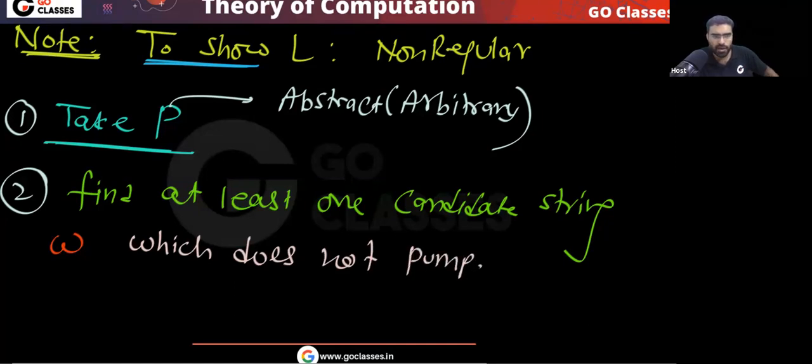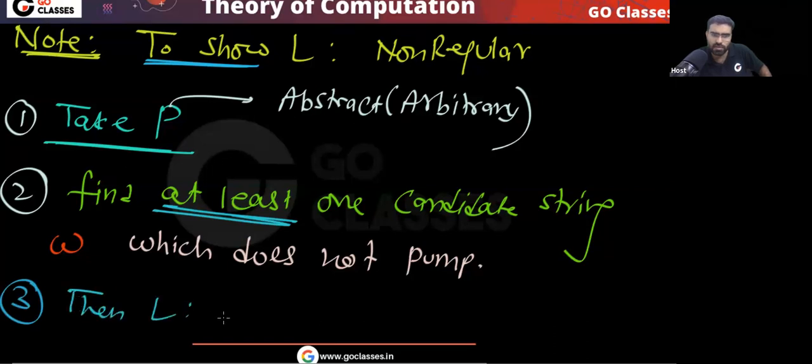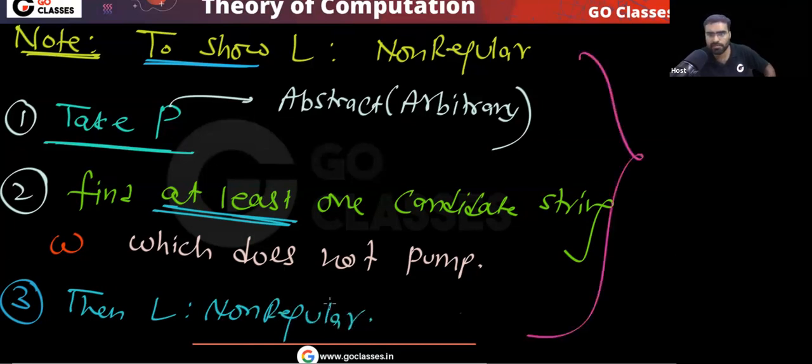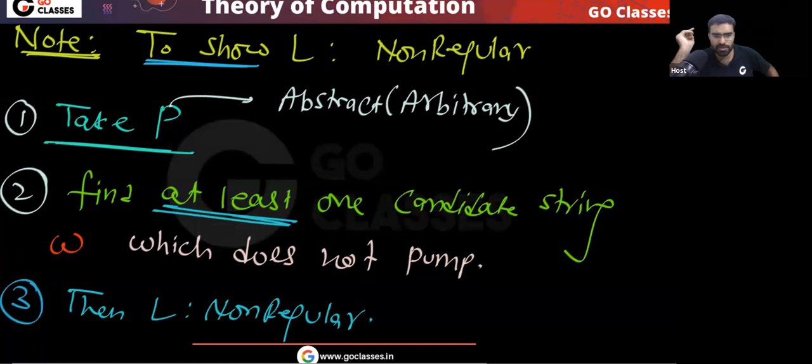If you can find such a string which does not pump, then language L is non-regular. So this is your template. Is this clear? You take P, then you find at least one string which does not pump, and then you can say that L is non-regular.